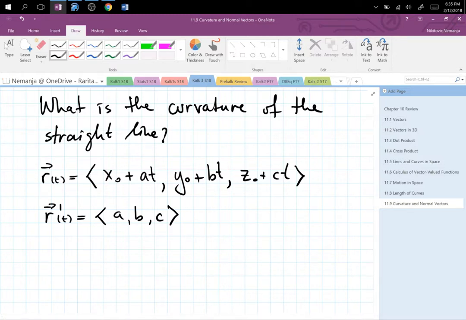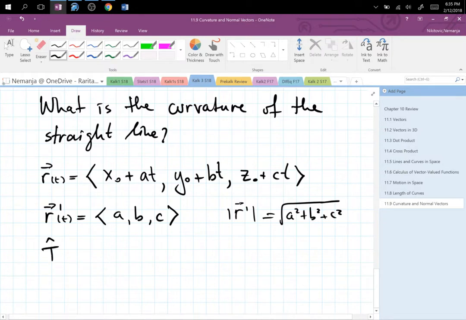And then the derivative of t is 1, so ABC on r prime, and your magnitude over here is simply a square, b square, c square, and you can create your unit vector t, unit tangent vector t, with vector, I'm just going to say a, b, c, all of it divided by the square root of a squared, so I'm not writing it 3 times.